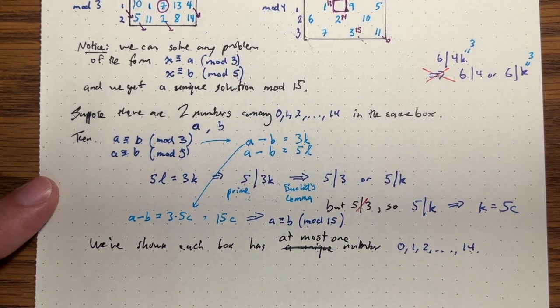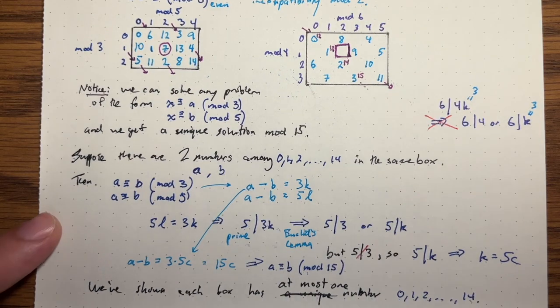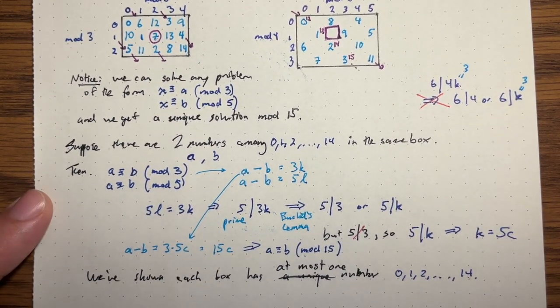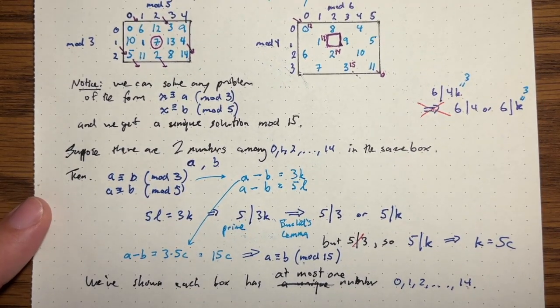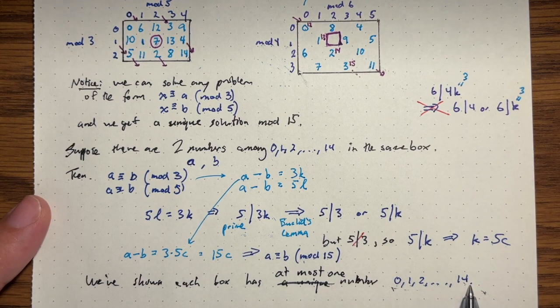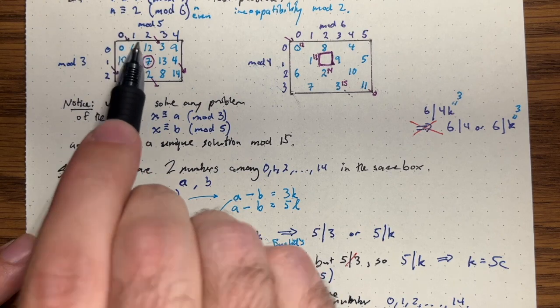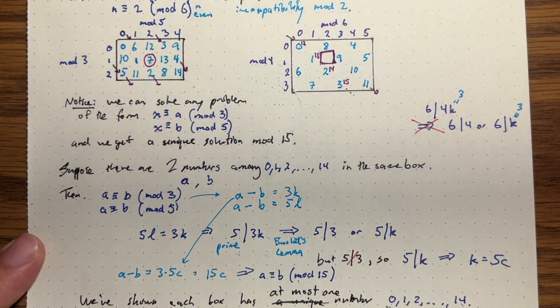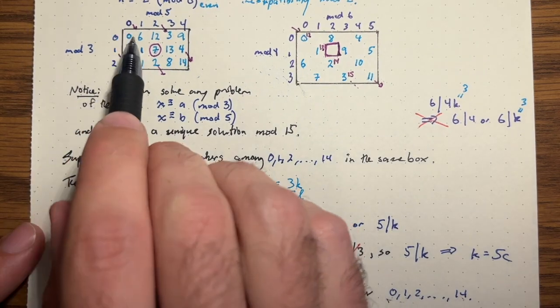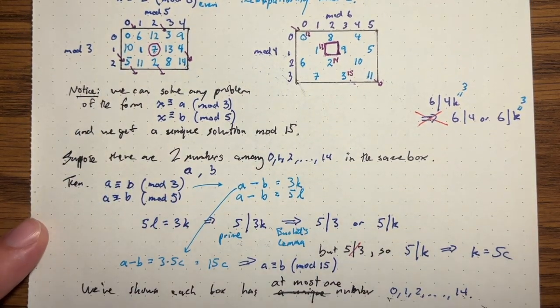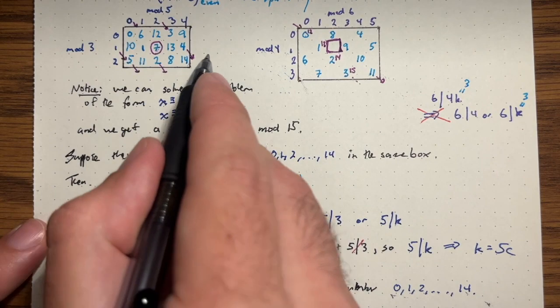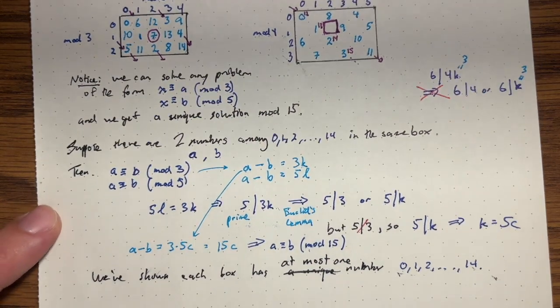Well, it turns out that actually proves that there has to be a number in every box. And the reason is there are exactly 15 numbers here. If I put those numbers in these 15 boxes so that every box has at most one number, the only way I can do that is to put one number in each box, because it's the same cardinality of these sets.